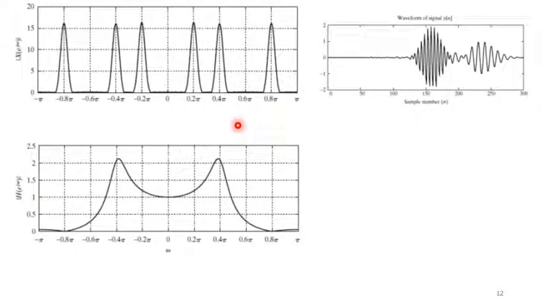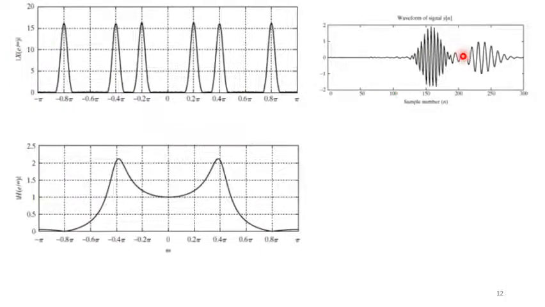In that case, because the response has a very small value, whether it's plus or minus, that part will be eliminated. So the input signal's highest frequency component, which is 0.8 pi, will be eliminated from the signal.